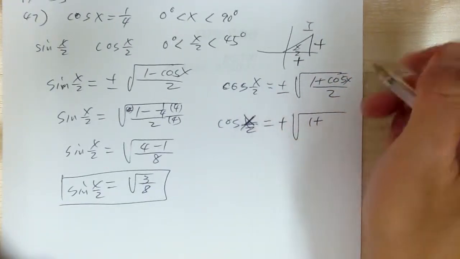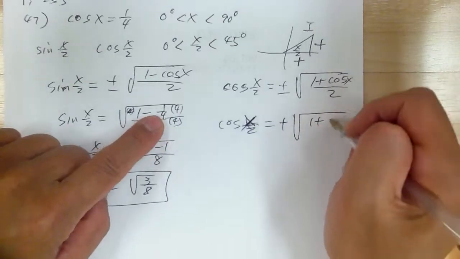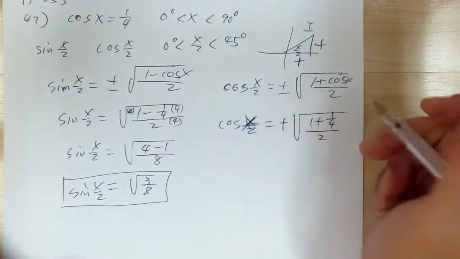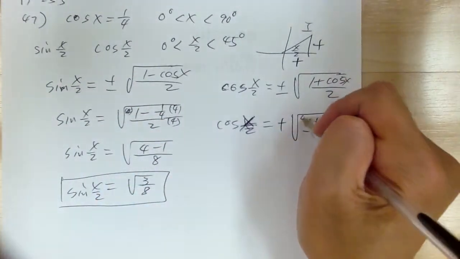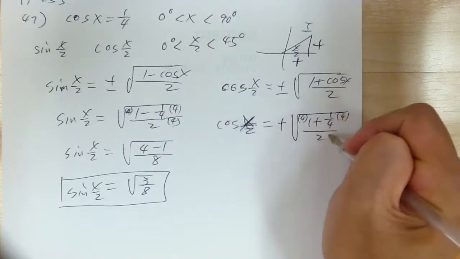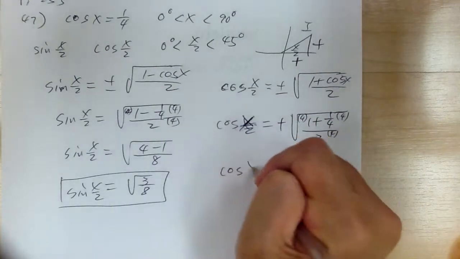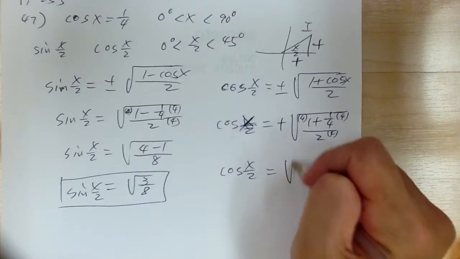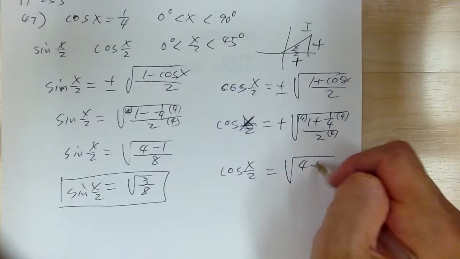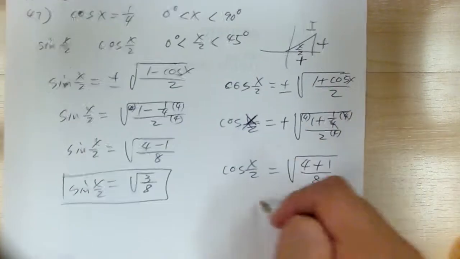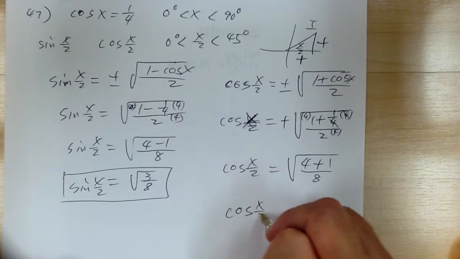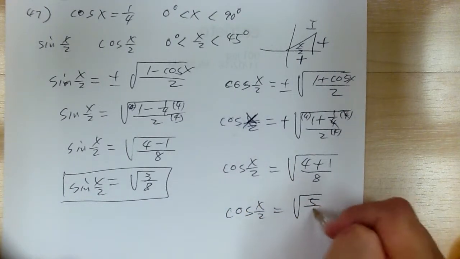And it'll be 1 plus cosine of x, which is 1 over 4, over 2. It's very similar, so just multiply by the common denominator. So cosine of x over 2 equals positive square root of 4 plus 1 over 8, which equals square root of 5 over 8.